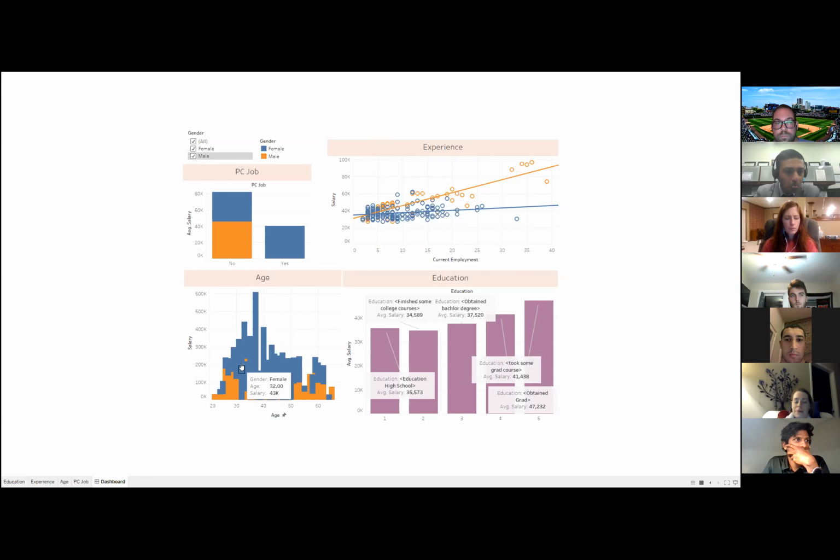Next. Our age by salary doesn't look as pretty as it looked on just the age tab. We were trying to differentiate how the age affects the salary. So we've been doing it just by the males.